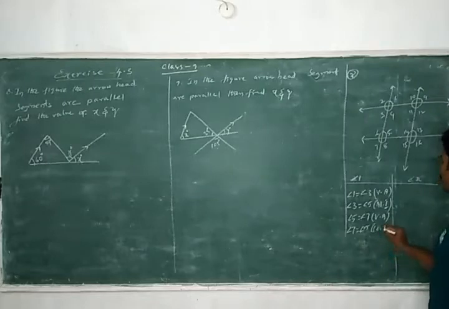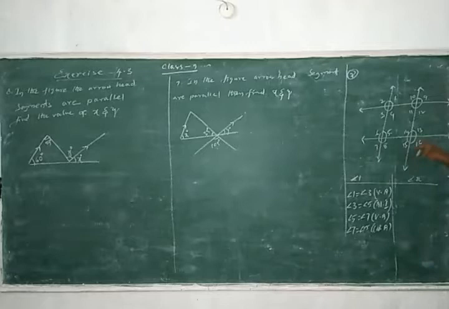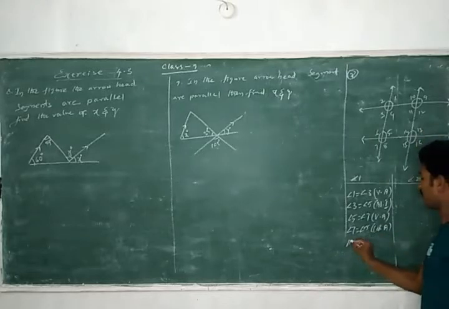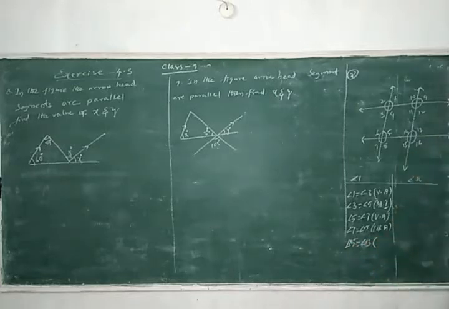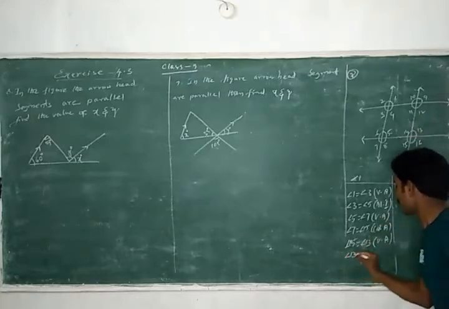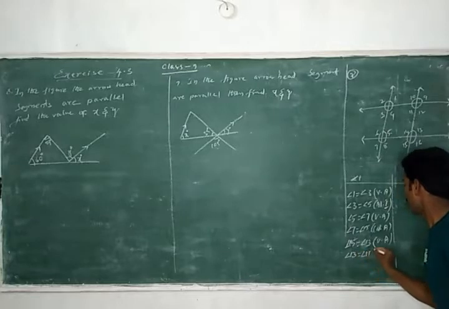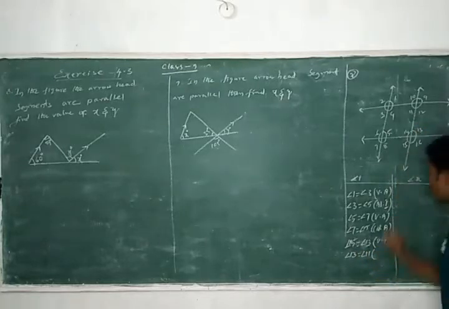Corresponding angles. Then angle 15 is equal to angle 13, these are vertically opposite angles. Next, angle 13 is equal to angle 11, these are alternate interior angles.